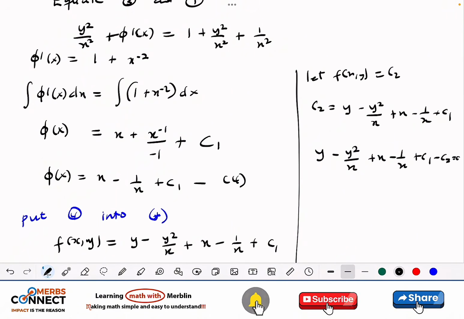Good. So y minus y squared over x plus x minus 1 over x plus c is equal to 0. So this is the general solution.